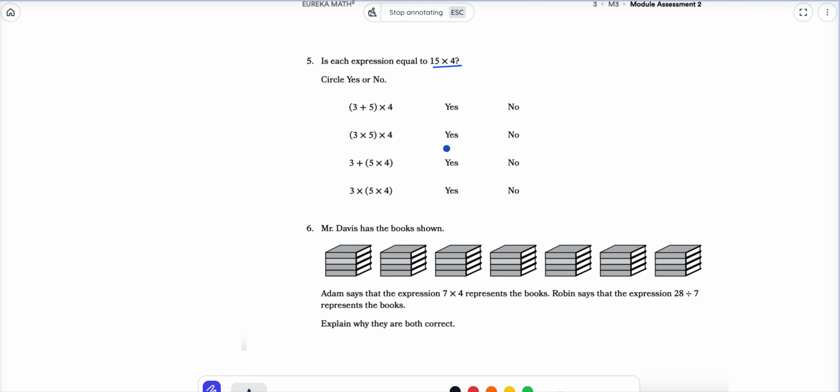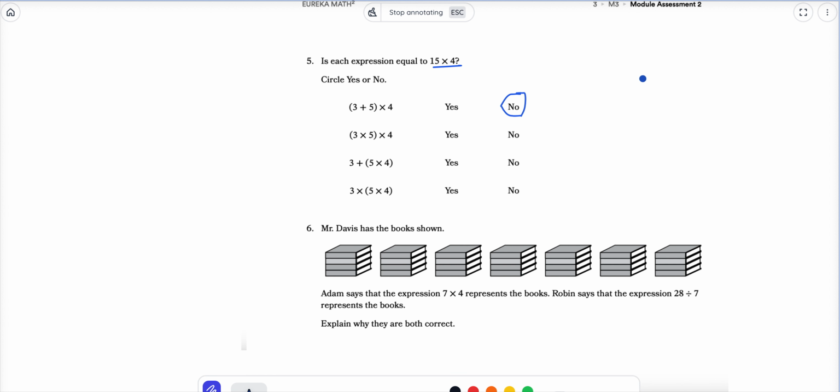Is this first one equal to 15 times 4? Yes or no? Sammy? No. Why not, Sammy? Because when we add 3 plus 5 it equals 8, and 8 times 4 is not what we're supposed to do.